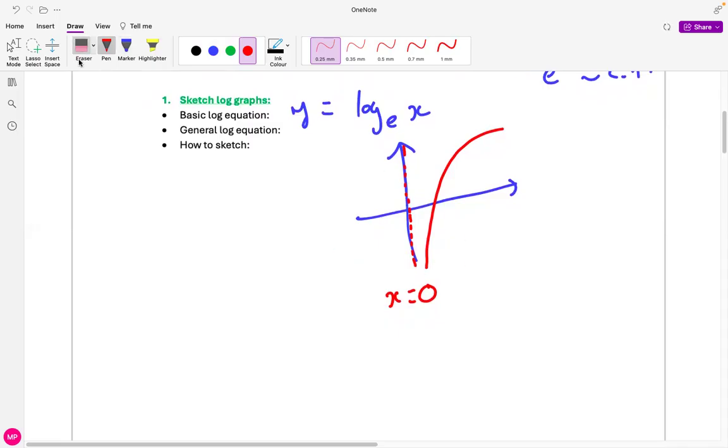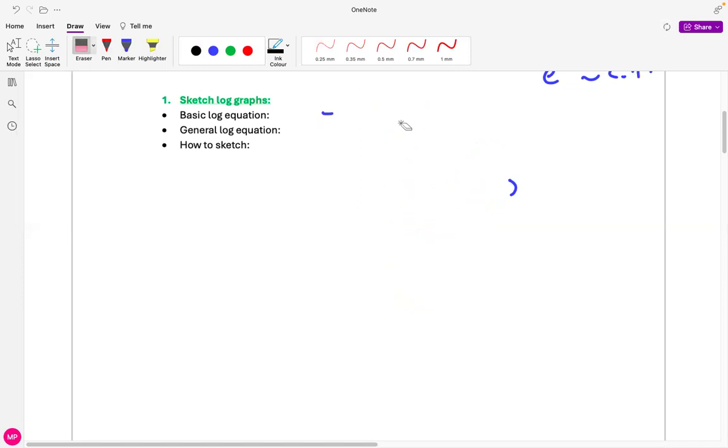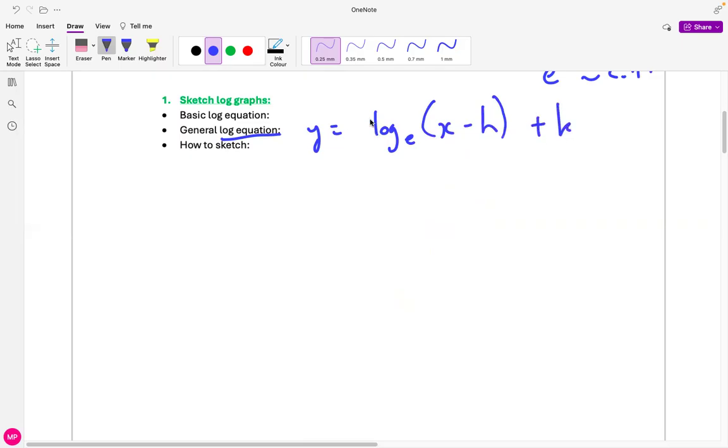All right. So I'm going to delete this and we're going to start again. So let's say the general form for a log equation is y equals s log a, could be any base, of x minus h, plus k. And you could have a dilation factor here, s or something, and the dilation affects the y value. So the first thing that you've got to do is find the asymptote.